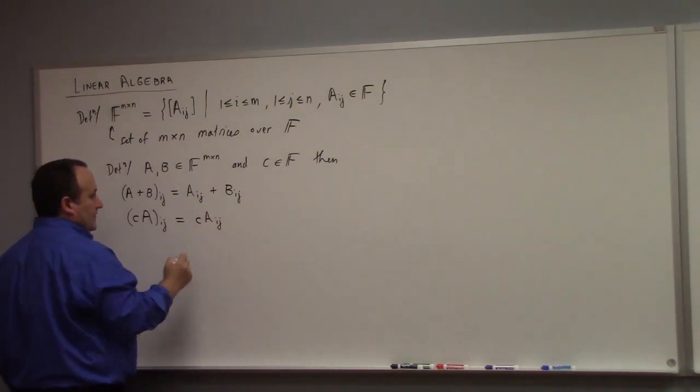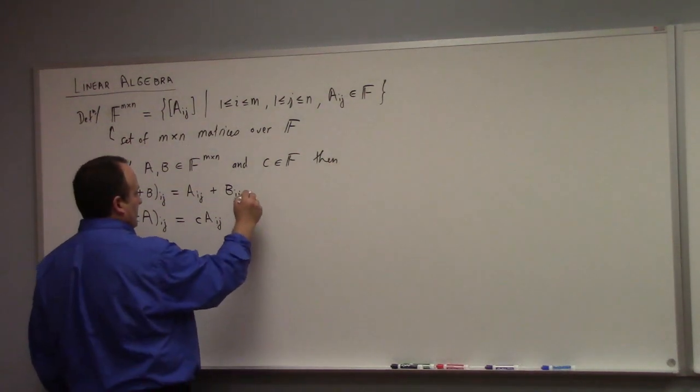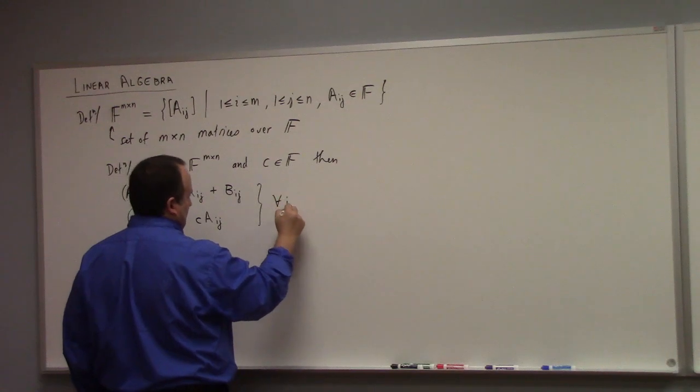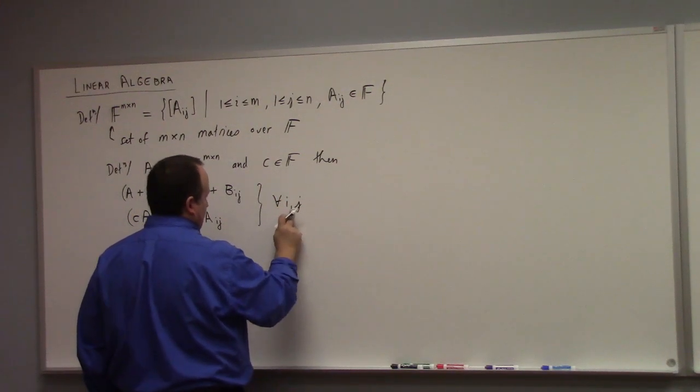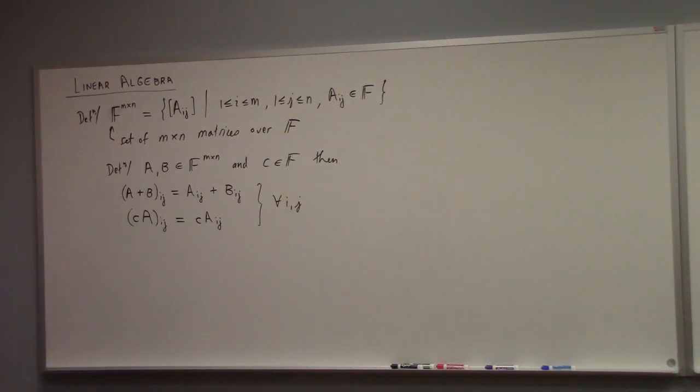So this defines matrix addition and scalar multiplication component-wise, for all i and j, which is understood to mean i ranging from 1 to m and j ranging from 1 to n.